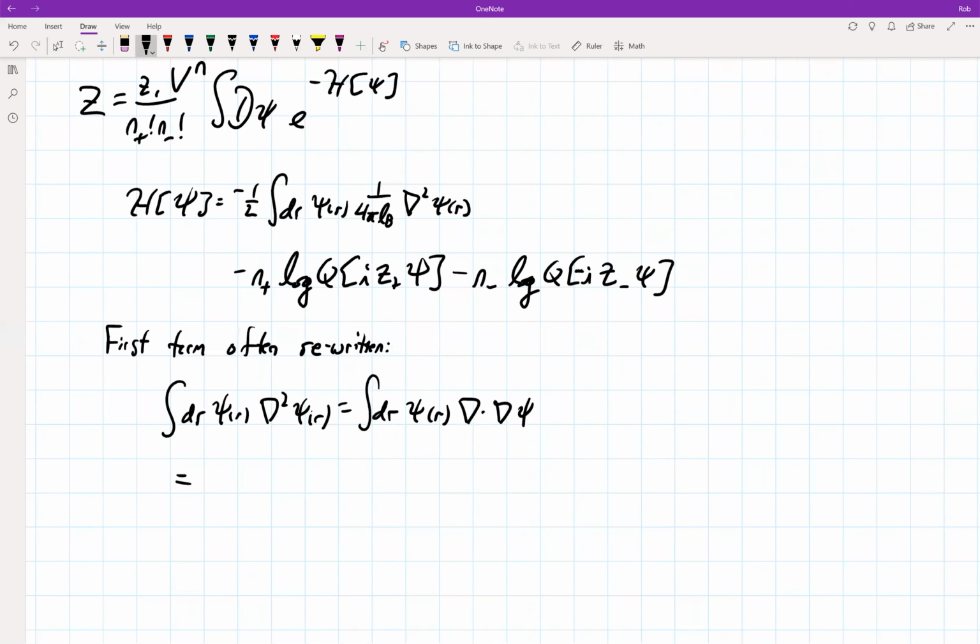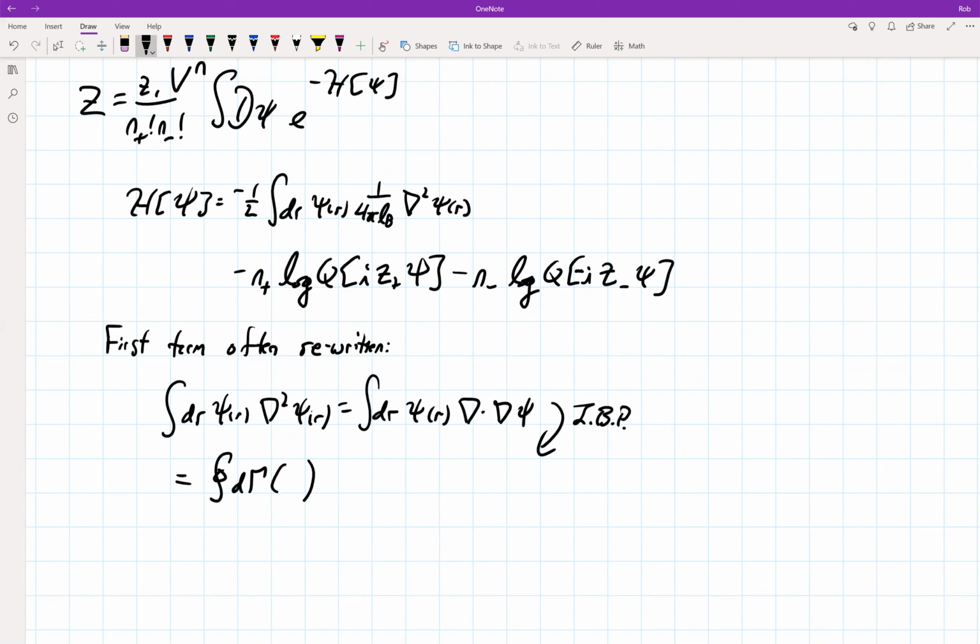And so this is going to be equal to, so now we're coming down using integration by parts. And so there's going to be some kind of surface integral. And because we're generally going to be interested in systems that have periodic boundaries, this surface term is always going to be 0, because on one side of the box we'll be integrating in the plus direction of a value. On the other side of the box we'll be integrating in the minus direction of the same value because it's periodic.